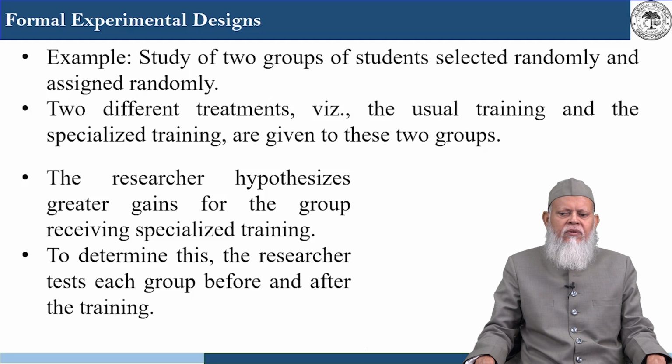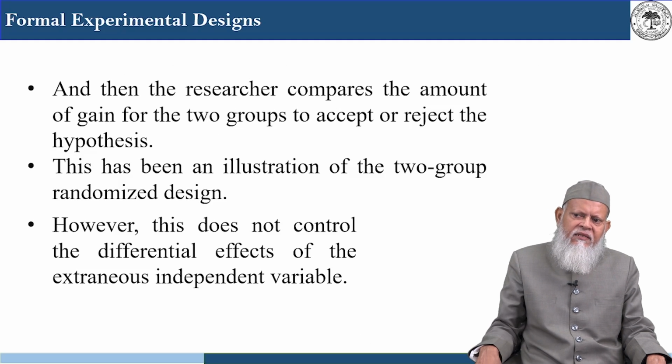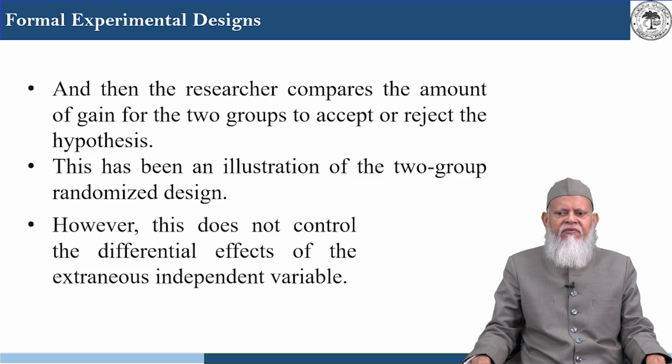So, to determine this, the researcher tests each group before and after the training. And then the researcher compares the amount of gain of the two groups to accept or reject the hypothesis. This has been the illustration of the two group randomized design.